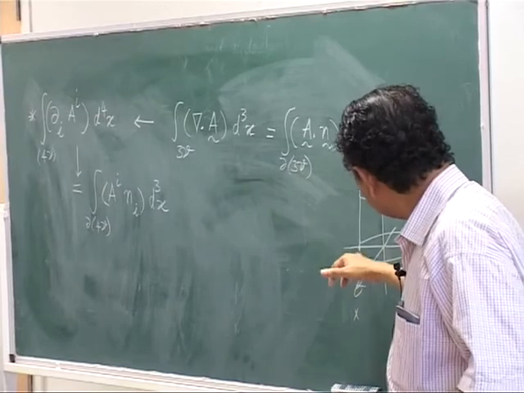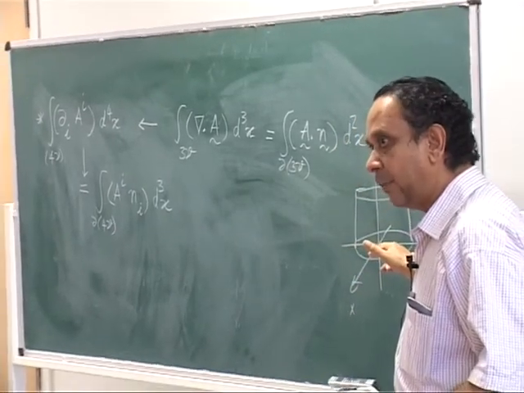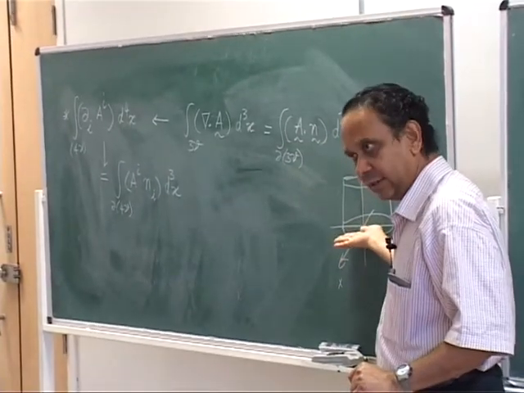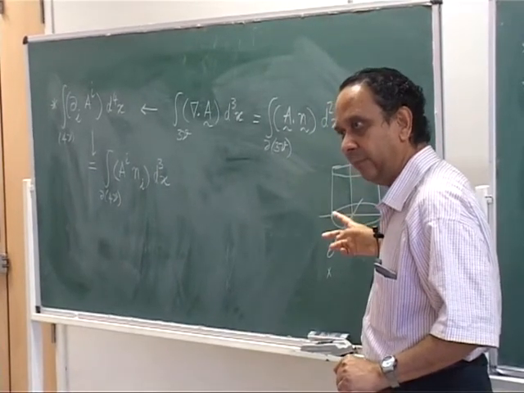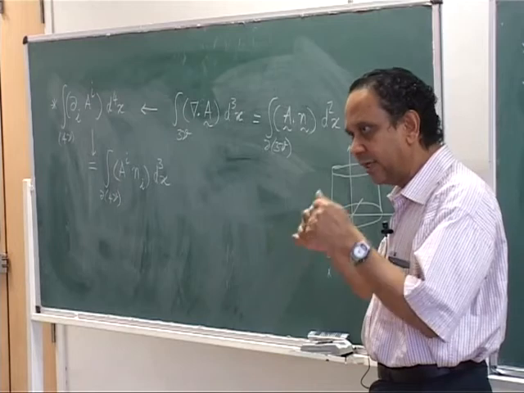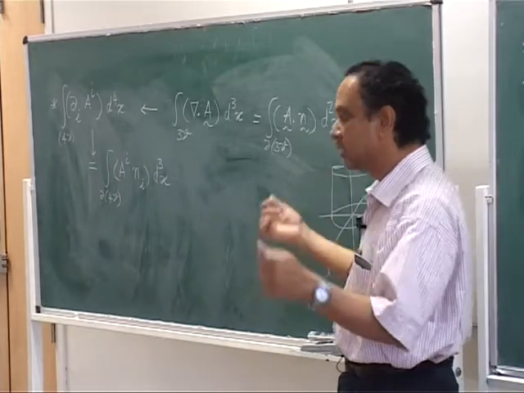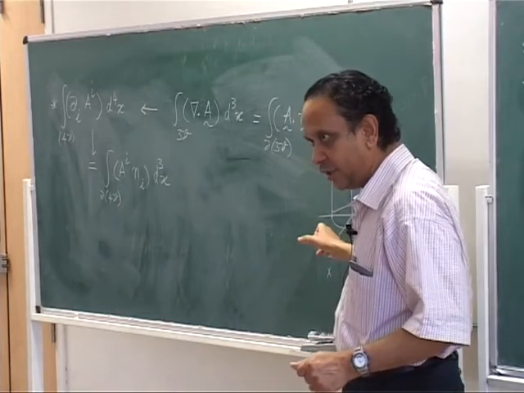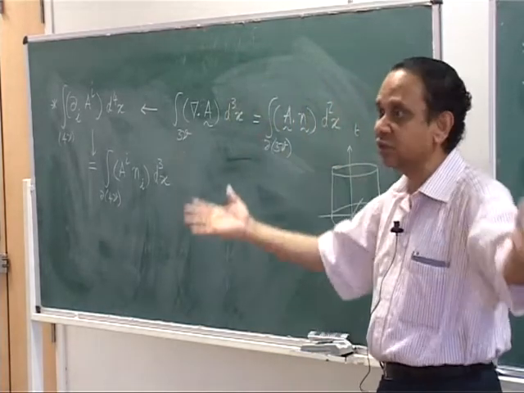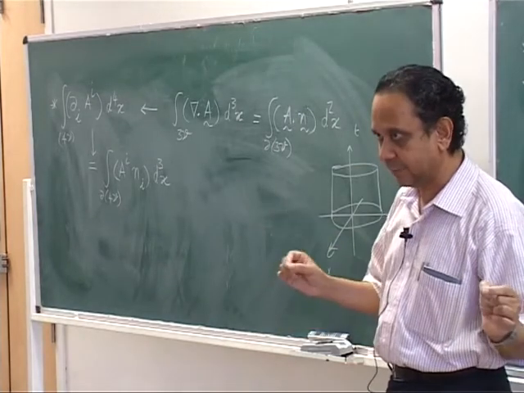Now, I have this circle here which is the boundary of that 2 dimensional region. In that 2 dimensional region, I have said x square plus y square is equal to r square. In real life, it will be x square plus y square plus z square equals r square. Therefore, this circular region, 1 dimensional region, is actually a 2 dimensional surface in real space.